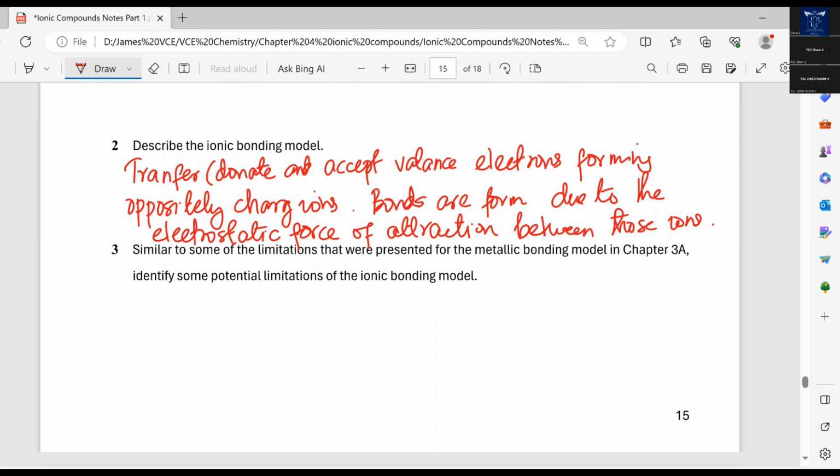So there are generally three limitations.